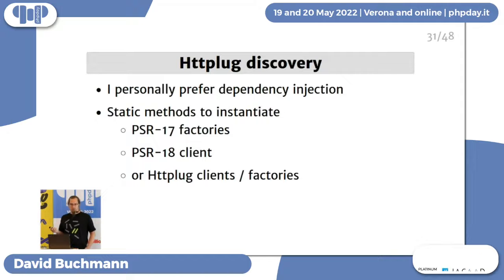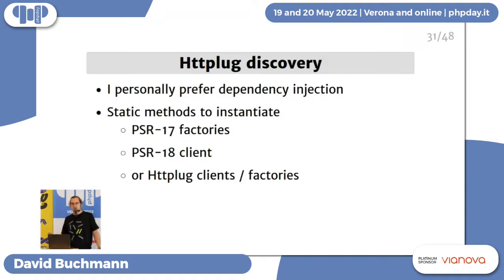And then the discovery. I'm a big fan of dependency injection, but for some situations or for ease of use, it can be nice to have this discovery way of things. So that's one repository, and it has a static method for each of the things that can be discovered, where you just tell it, hey, I need a request factory, please.